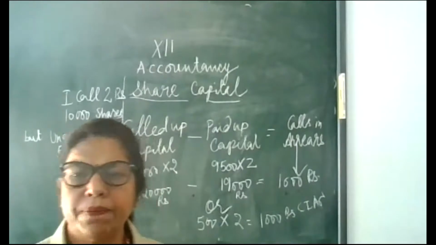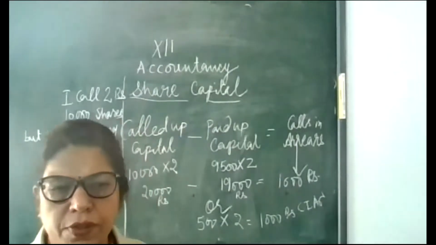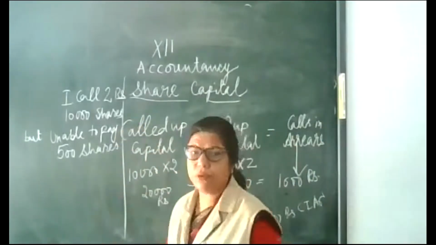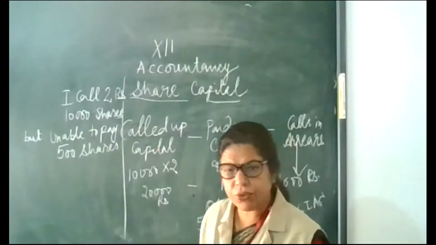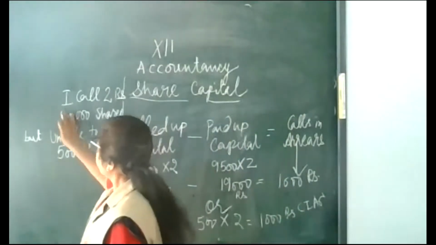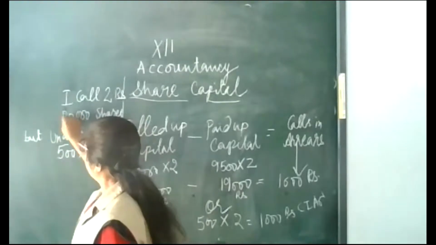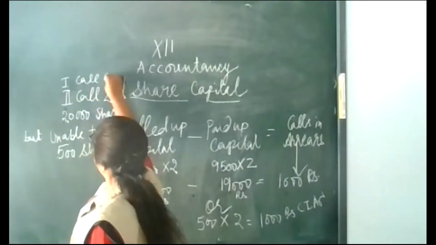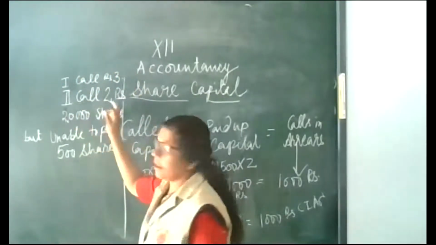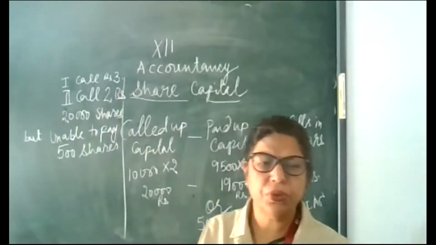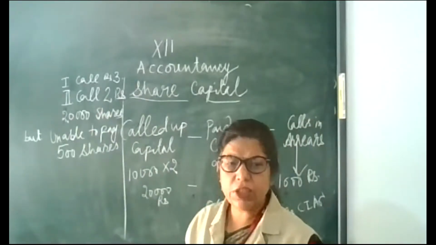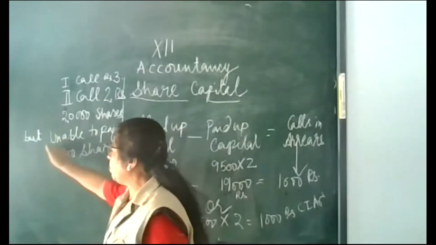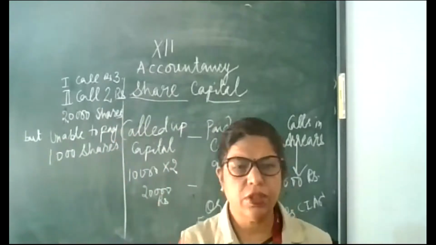Now give the heading: Multiple arrears. Now I am going to explain multiple arrears, how we can do it. See. First call of rupees 3 and second call of rupees 2 on 20,000 shares, but 1,000 shareholders are unable to pay. Yes, my dear children.